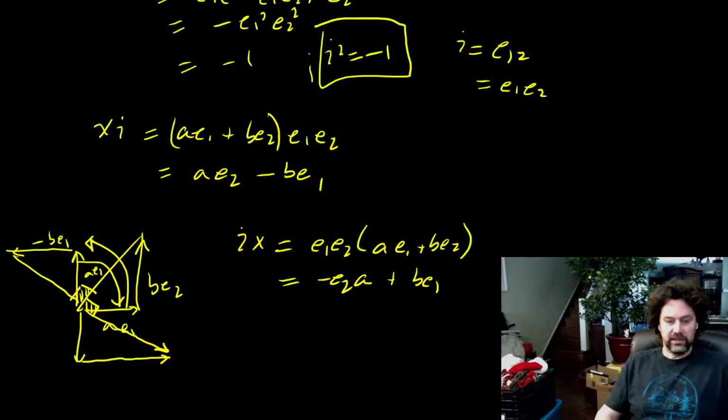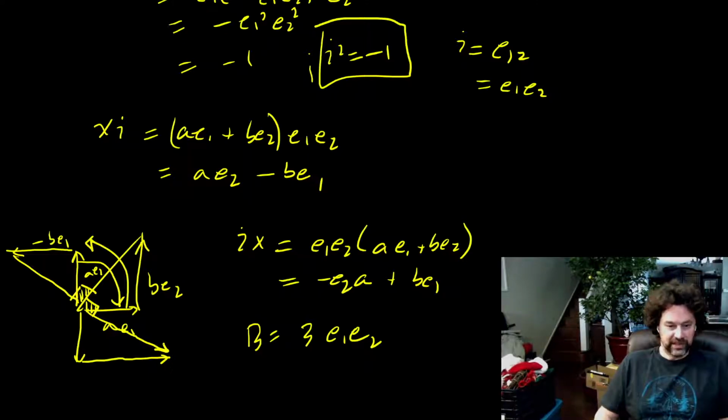So we see in R2 that bivector multiplication rotates by 90 degrees in one or the other direction, depending on the sense of the bivector. So if we had picked B equals 3 E1 E2, it would be rotate and scale.